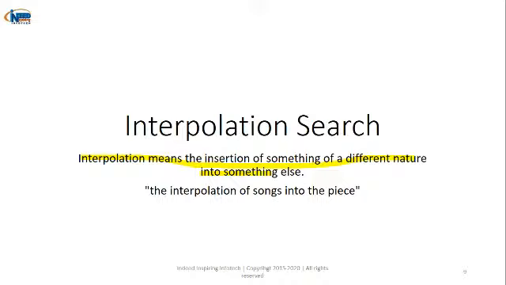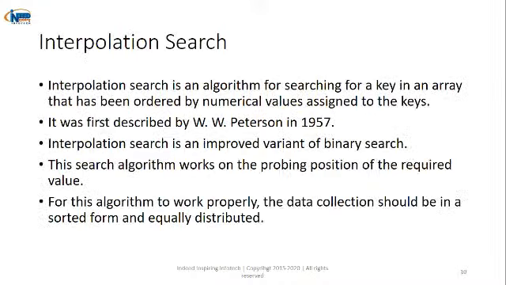Let's say two people are interacting, a soft discussion is taking place, but immediately there is a truck passing by making some kind of noise. So this truck passing by is interpolation. So what happens in interpolation?